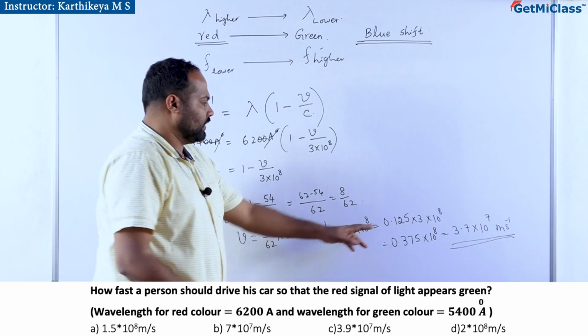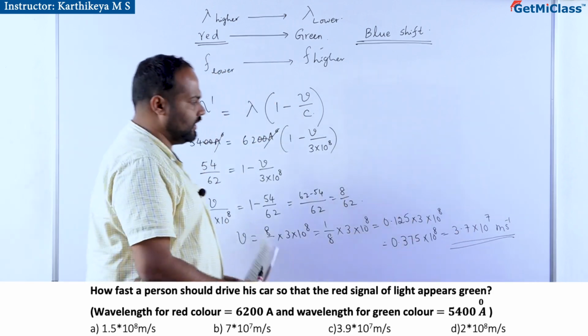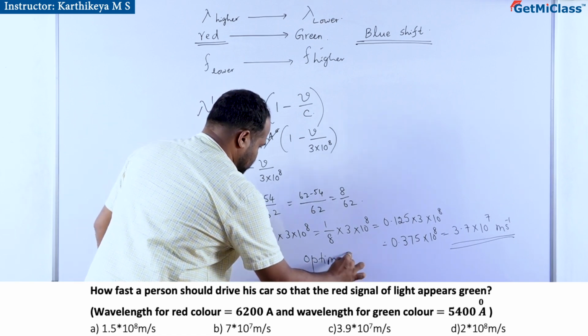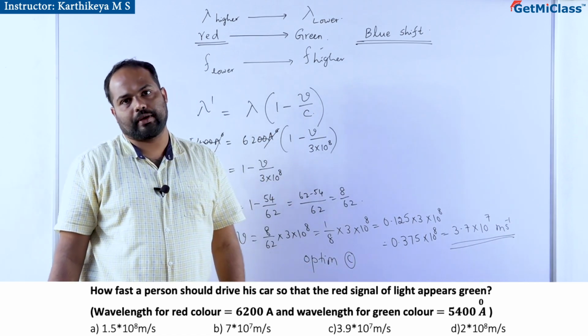This is by rough calculation. The answer should be more than 3.7. Hence option C, which is 3.9 into 10 to the power 7 meter per second, is correct.